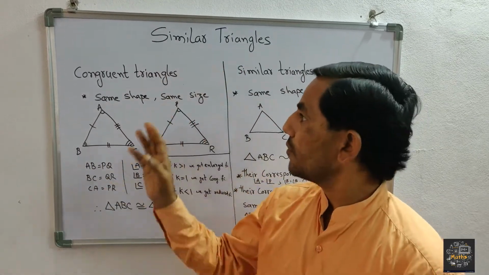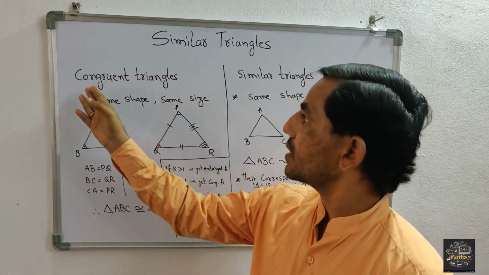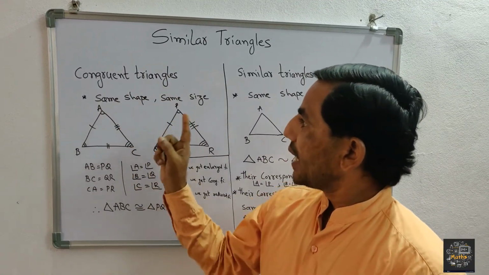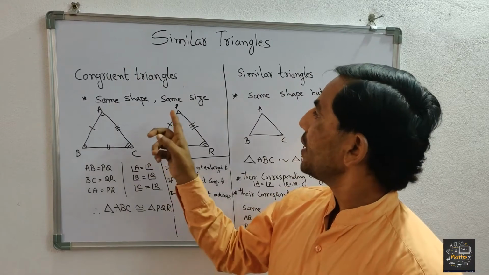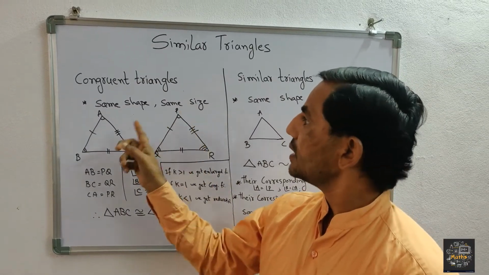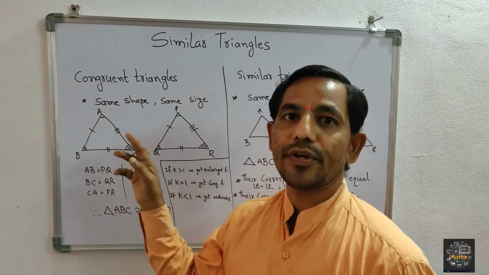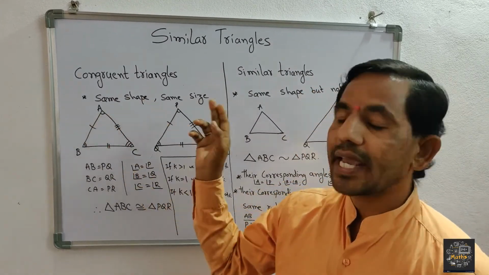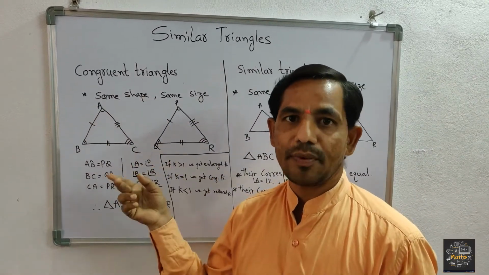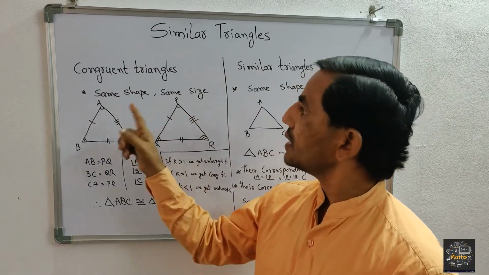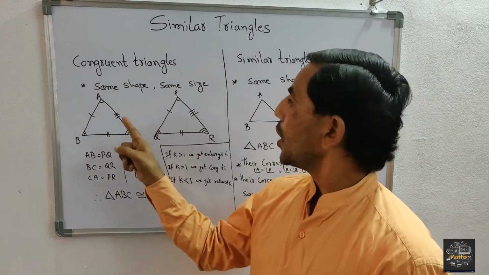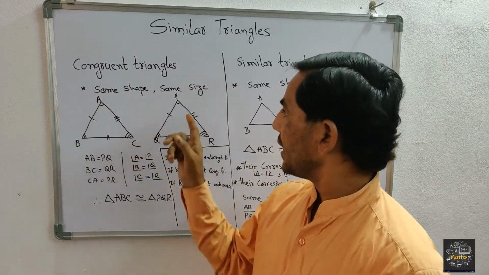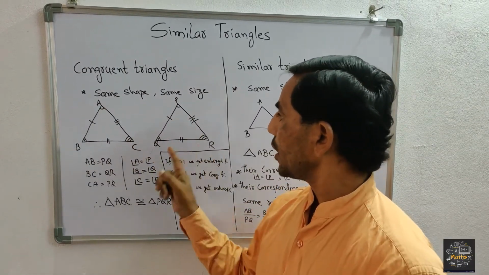First of all, we learn the definition of congruent triangles. If any two triangles have the same shape and same size, such triangles are called congruent triangles. I am taking here triangle ABC and another triangle PQR.